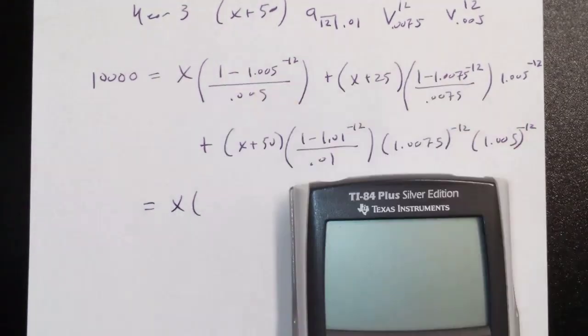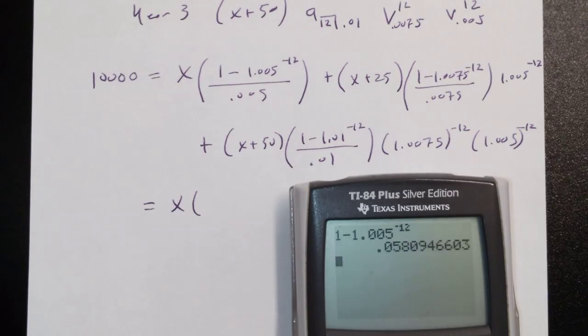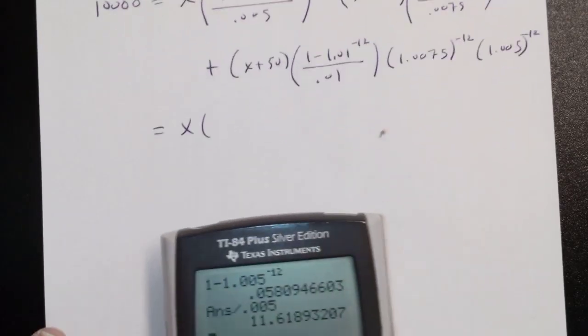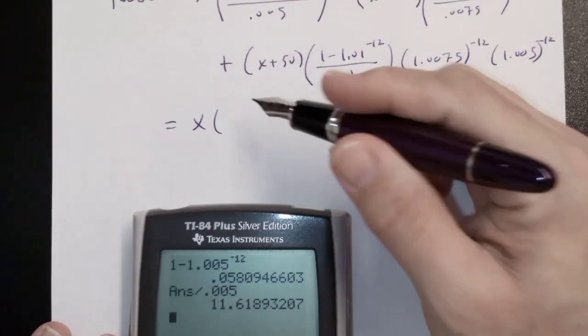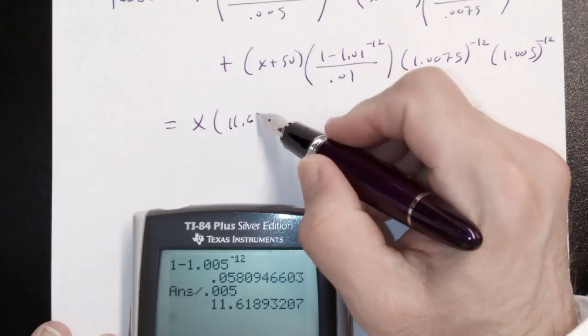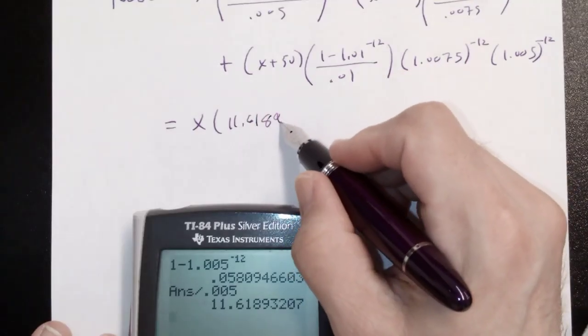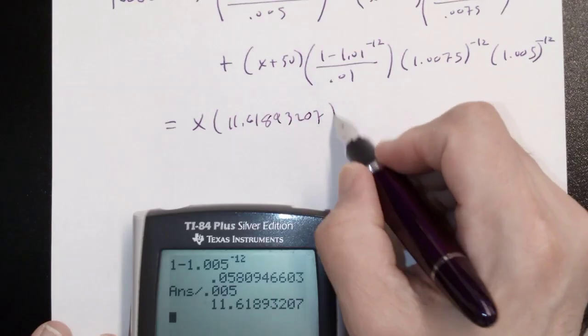The first number right here, 1 minus 1.005 raised to the negative 12 divided by 0.005. Now, I'm going to be a pain in the ass and keep all the decimal places until the end. So this number right here, 11.61893207.